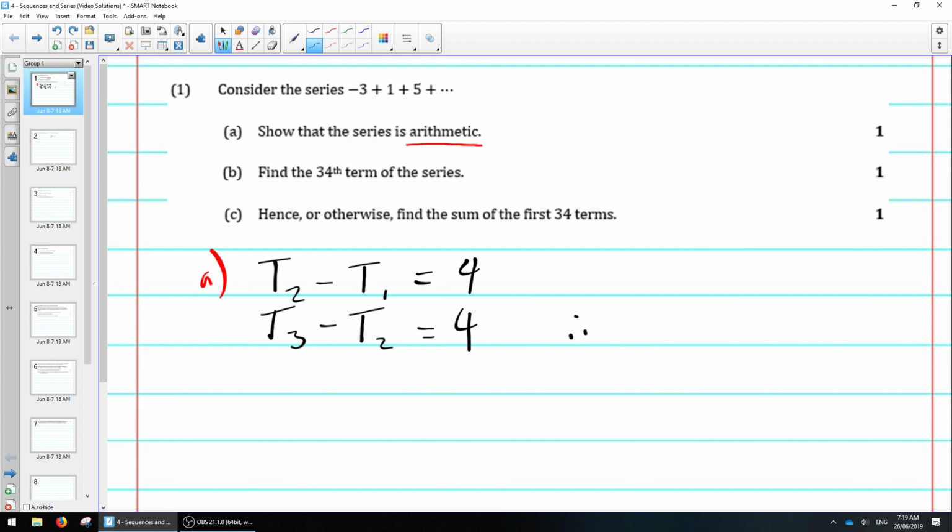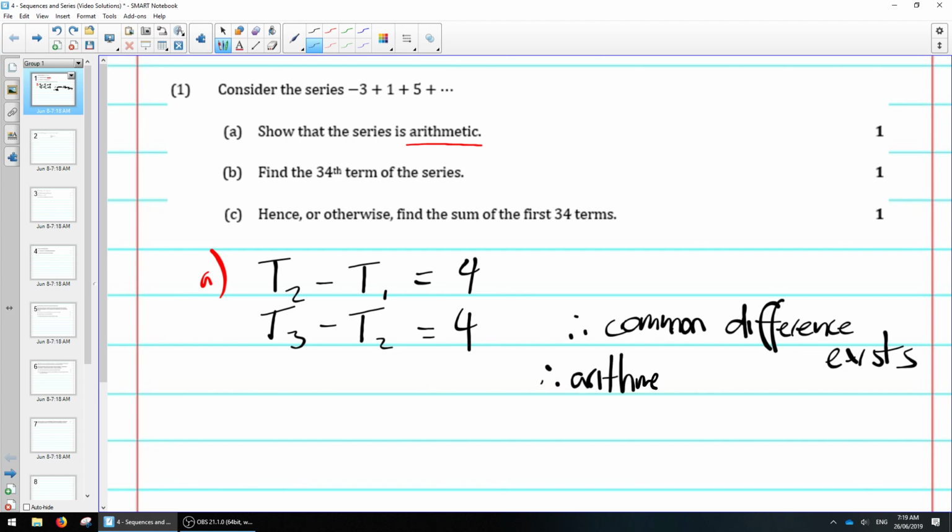So therefore the common difference exists. And because there's a common difference and it's 4, therefore it's an arithmetic series. The main property of arithmetic series is that there is a common difference. So if you can show that there is a common difference, therefore it's an arithmetic series.